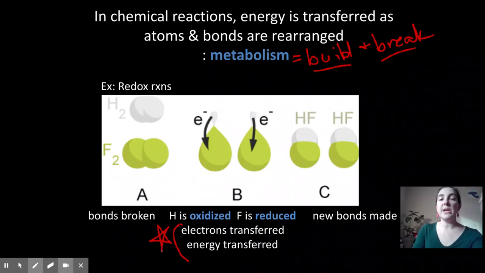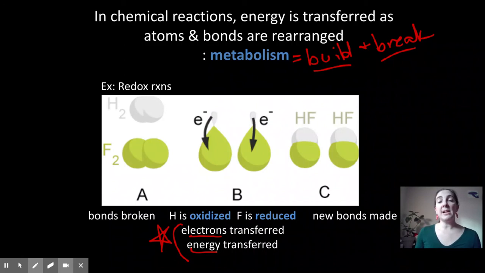During a redox reaction, electrons are transferred, and anytime an electron moves, it carries energy with it. So throughout this unit, it's really, really important, this will come back over and over, that as electrons are transferred from one atom to another, they're transferring energy with them.